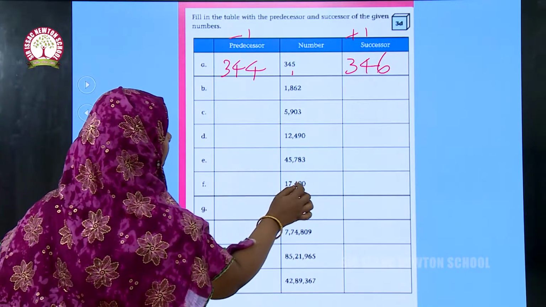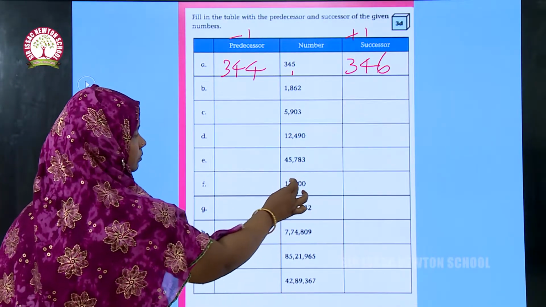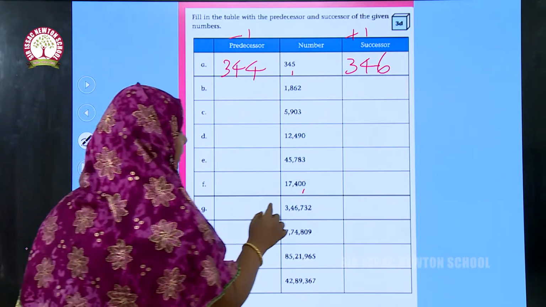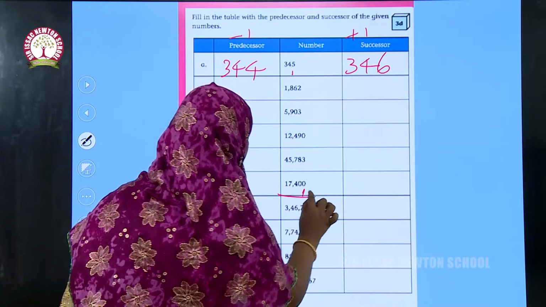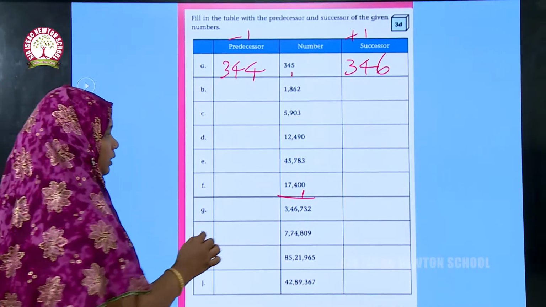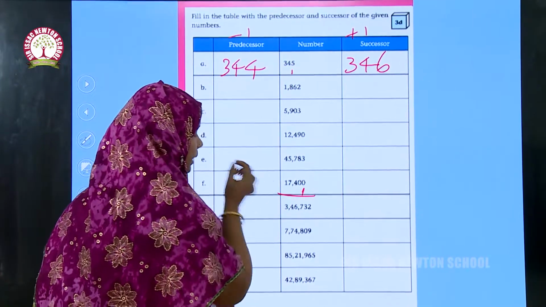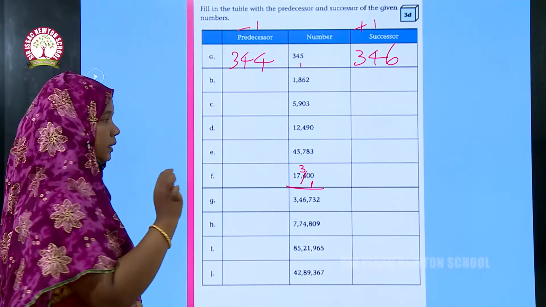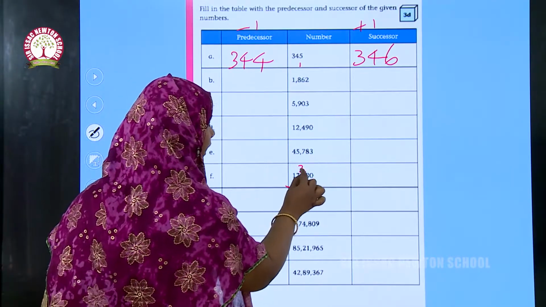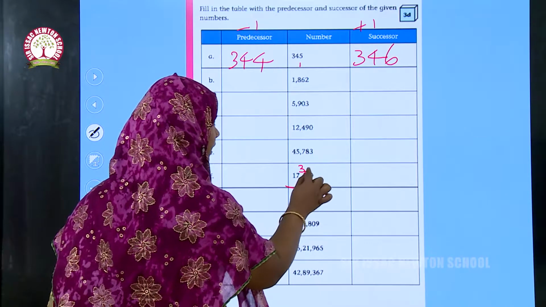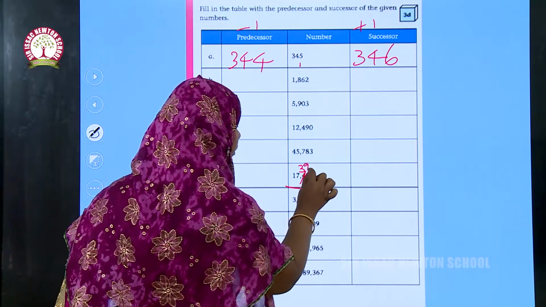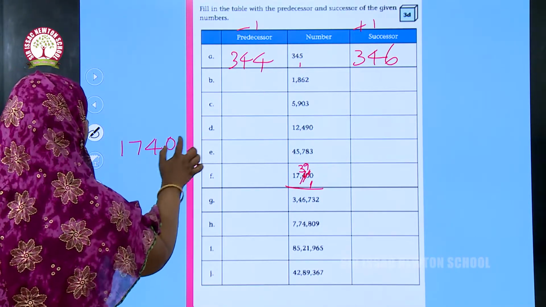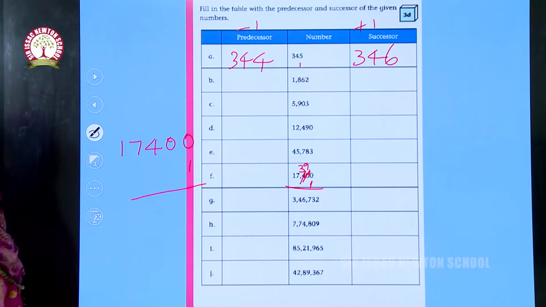Let me try this one: 17,400. When I subtract 1, what happens? You all know subtraction very well. Here there is a 0, and from 0 I cannot subtract 1.